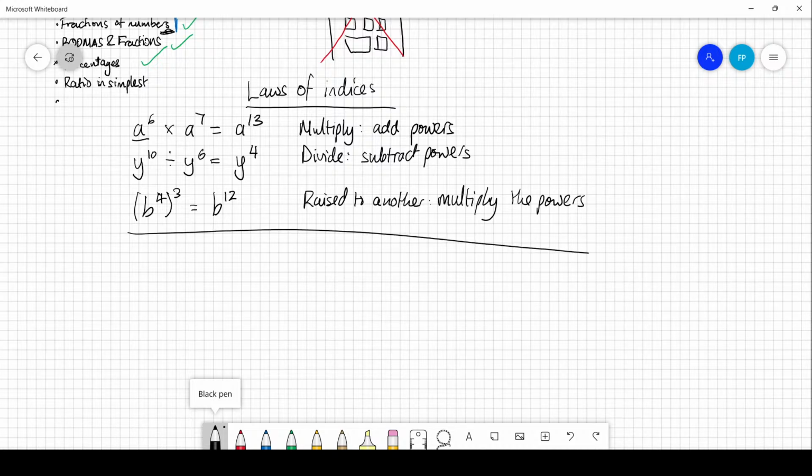Now here's some more important information you must absolutely know. What would be the value of, let's say, c to the power of 0? One. Good, so anything to the power of 0 would be 1.